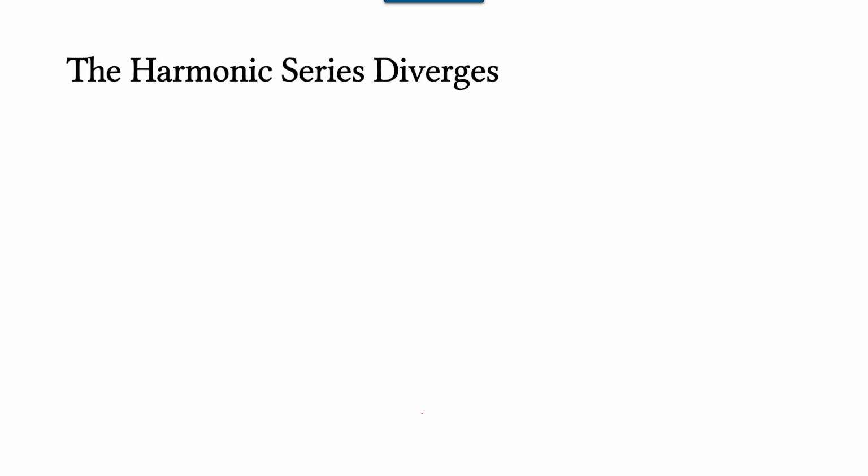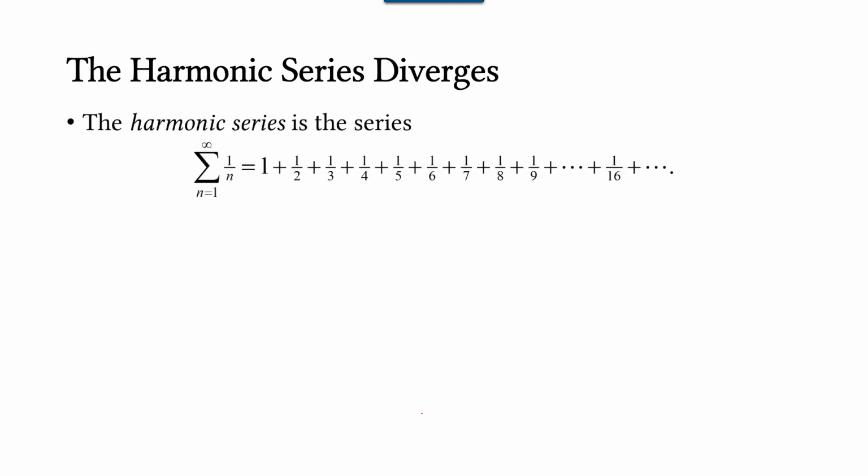Since we have an example here where the limit of the nth term is 0, we're going to focus now on this harmonic series and show, by thinking about the partial sums, that the series really does diverge.